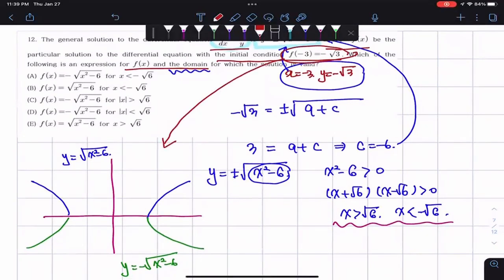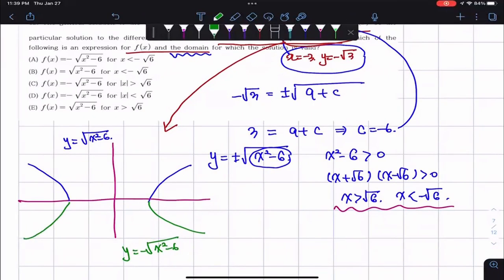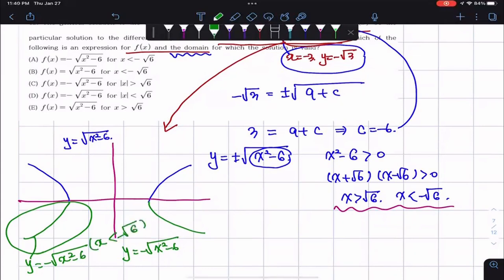So at minus 3, the x part is negative, the y part is negative. So the answer is this. This is y equals minus the square root of x squared minus 6. The domain is x less than minus the square root of 6. So the answer is A.